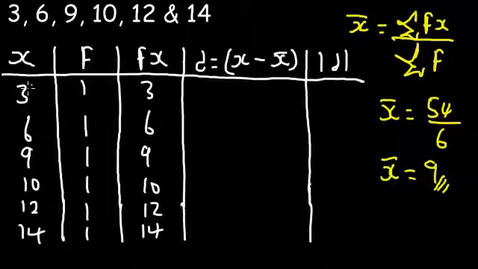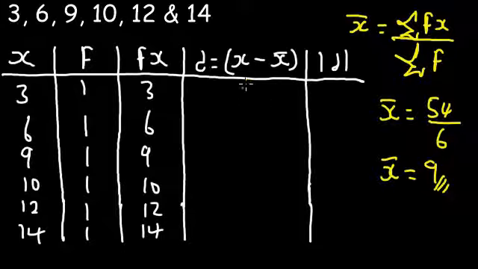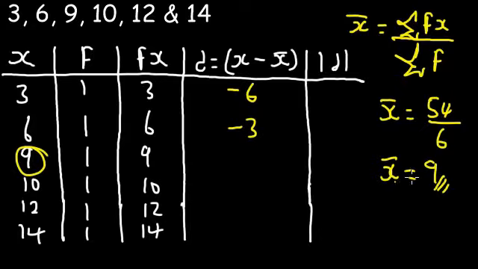So the goal now is to be subtracting 9 from each of these marks respectively, and in all cases we should be recording our result right in this column. Perfect. So 3 minus 9 gives us negative 6. 6 minus 9, considering the second row, gives us negative 3. 9 minus 9 gives us 0.